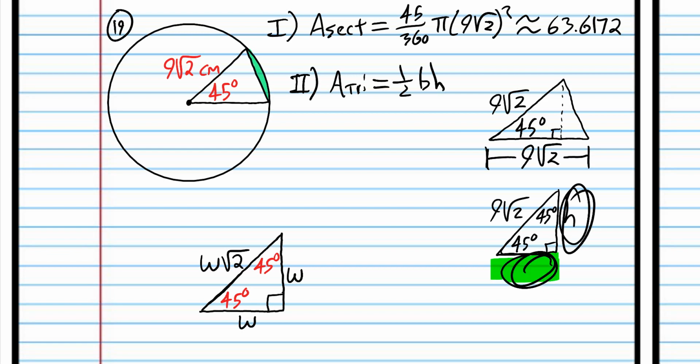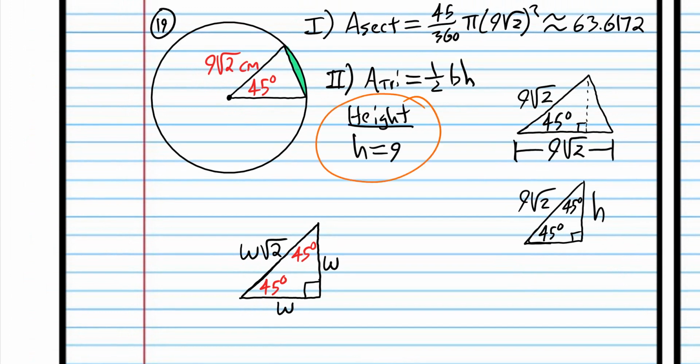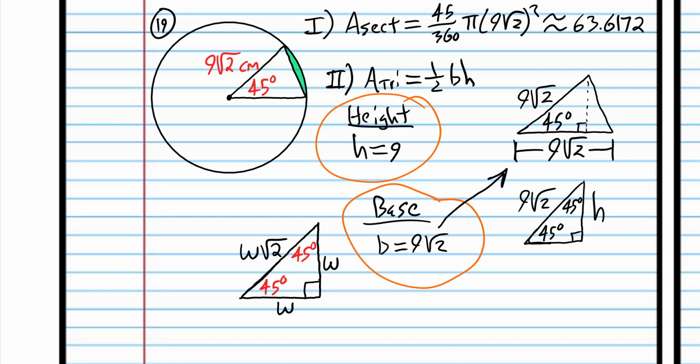Again, we don't really care about this side, we just want the height, this side. The height must be 9, and the base, we already have the base. That's 9 root 2. I'm going to put a little arrow there, maybe color coded, just so you can see where we got that base.